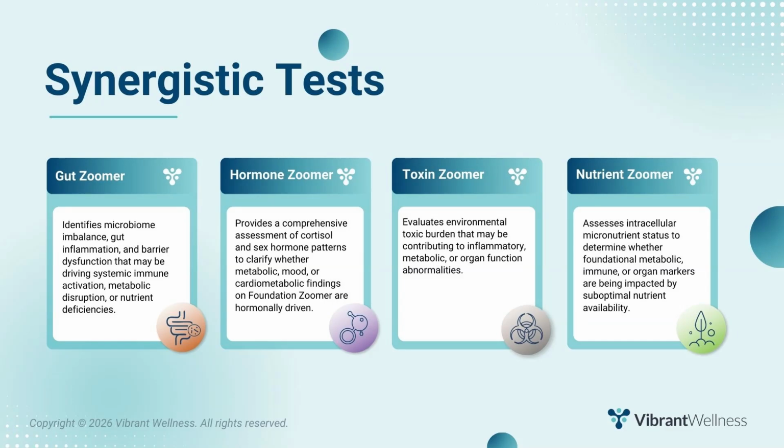Also consider the Toxin Zoomer, which evaluates toxic burden that may be contributing to inflammatory, metabolic, or organ function abnormalities. And finally, the Nutrient Zoomer, which assesses intracellular micronutrient status to determine whether foundational metabolic, immune, or organ markers are being impacted by suboptimal nutrient availability.